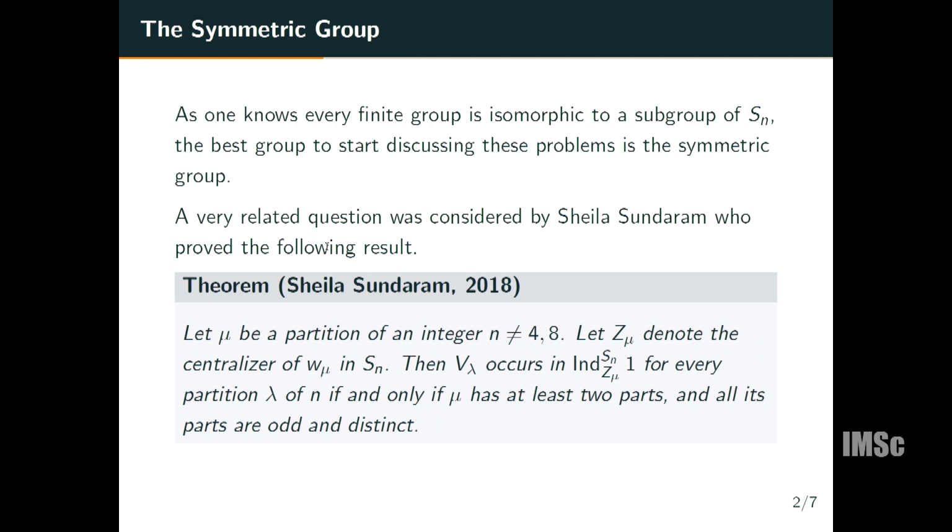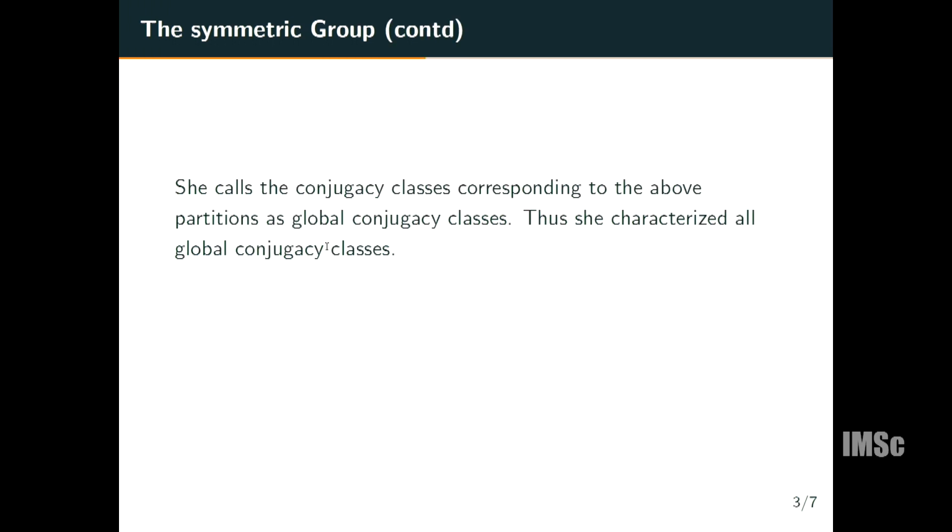Those correspond to partitions mu which have at least two parts, with all parts odd and distinct. She also calls the conjugacy classes corresponding to those partitions global conjugacy classes. Thus she is able to characterize all global conjugacy classes of S_n, and it's actually wide open for A_n, meaning classifying all global conjugacy classes.